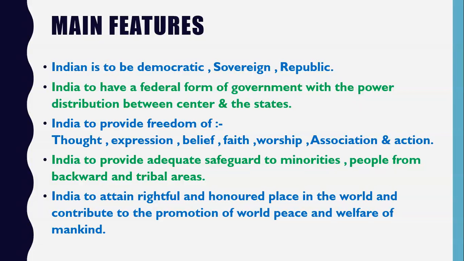Because India was dependent on Britishers, and recently India got independence from Britishers. So at that point of time, India didn't have much money. India didn't have much resources, and definitely India didn't have much respect and honor in the world. So it was the aim of India and the Indian government to attain respect, to attain honor in the world.